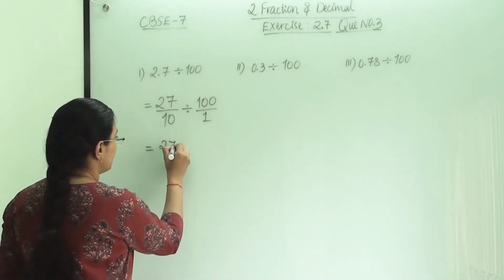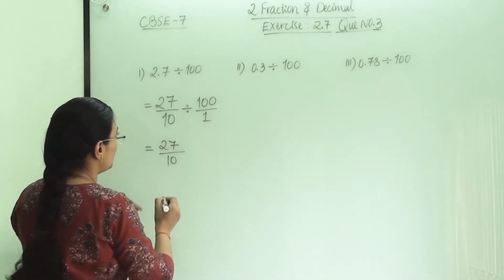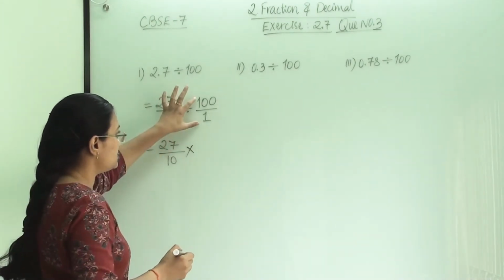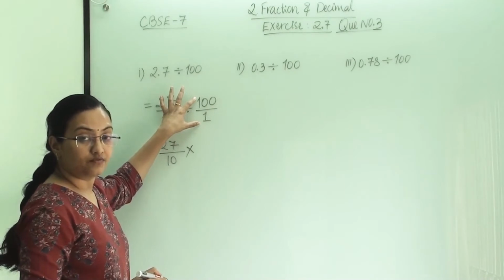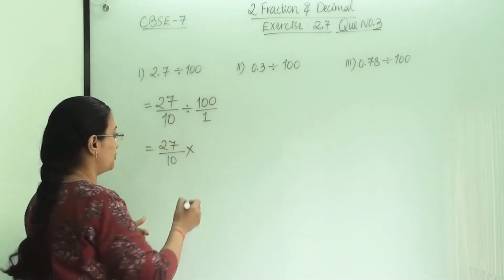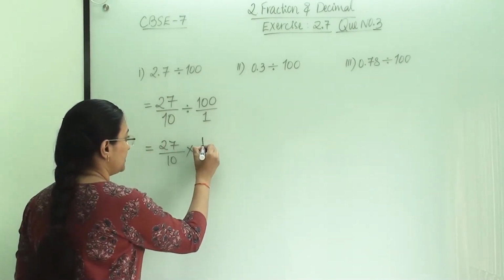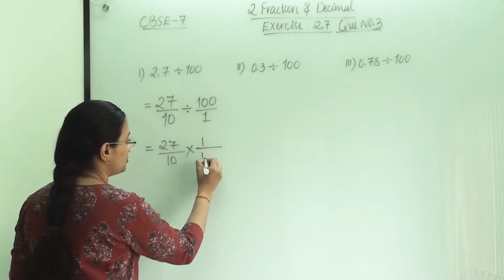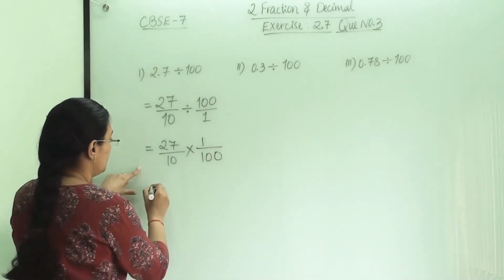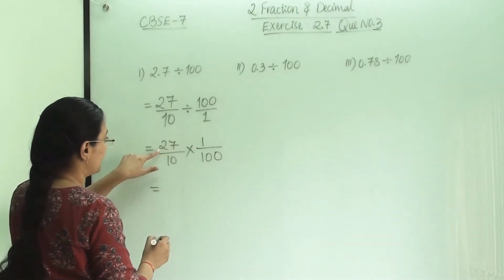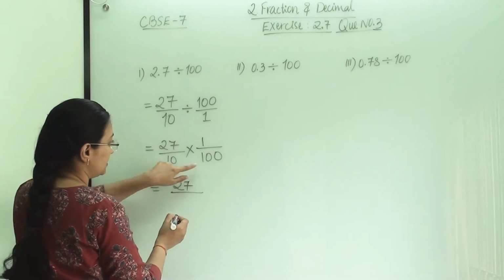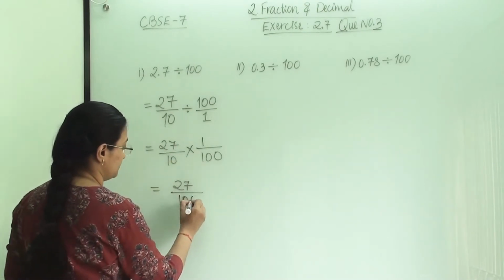In the next step, we convert this division sign into a multiplication sign, and write this fraction in its reciprocal form. So 100 divided by 1 becomes 1 divided by 100. Now this is simple multiplication: 27 into 1 is 27, and 10 into 100 is 1000.